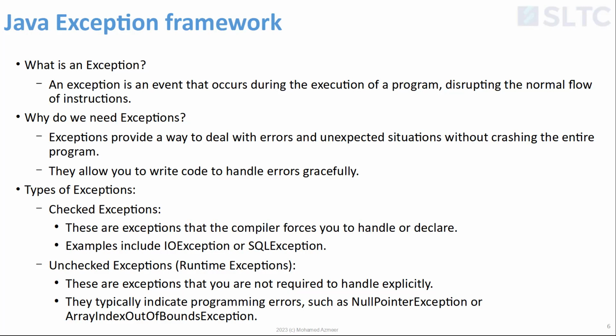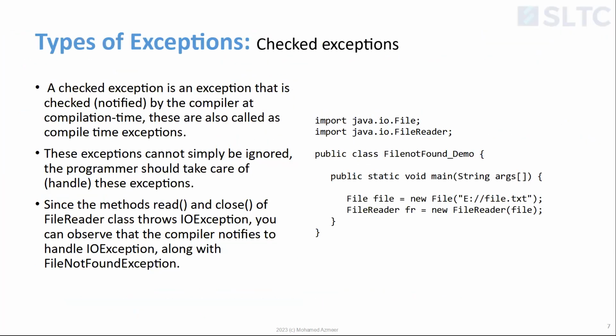So the compiler will not compile your code. Unchecked means it gets compiled, but these are unpredictable situations like user errors or input output errors like permission, space, and things like that. So these are the two kinds of exceptions we have. We can go into the details to understand what they are.